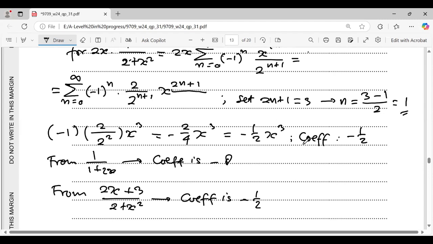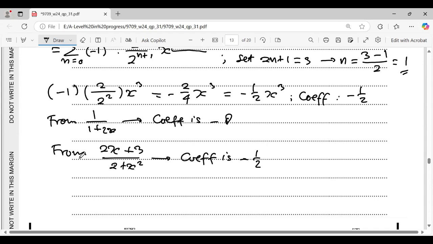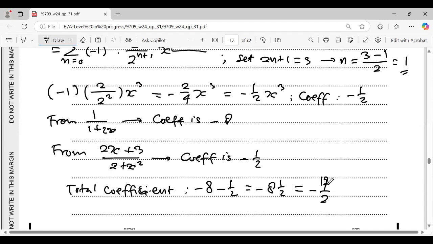So the total coefficient is minus 8 minus 1 half. It's minus 8 1 half, or it is minus 17 over 2, like this.